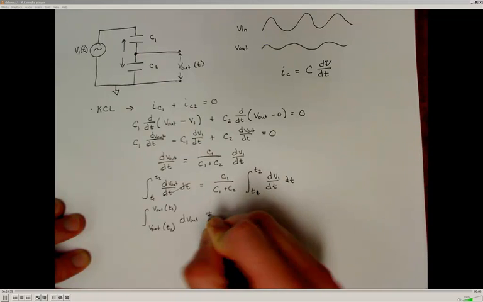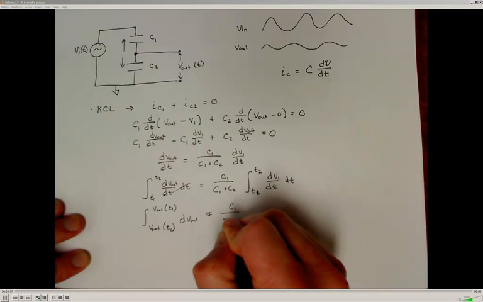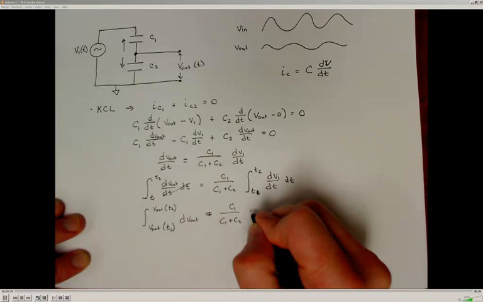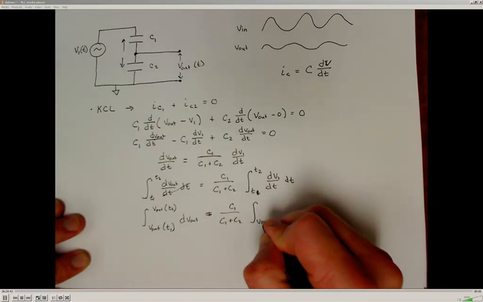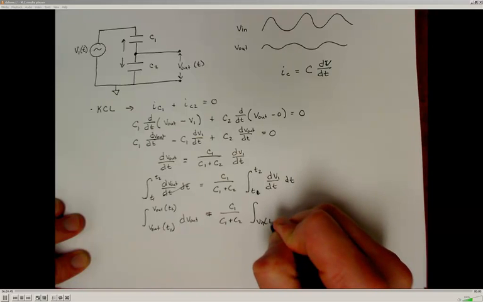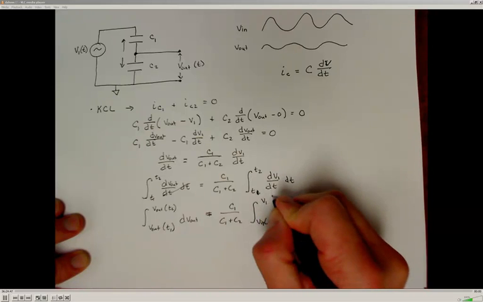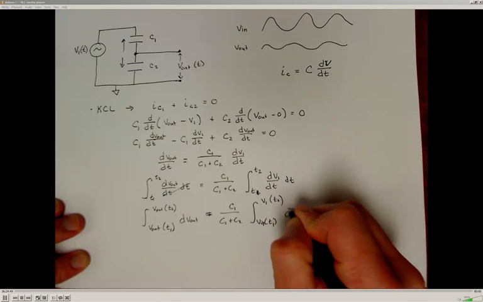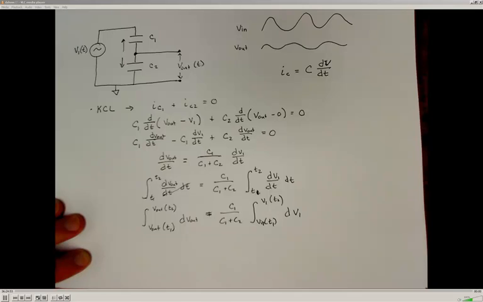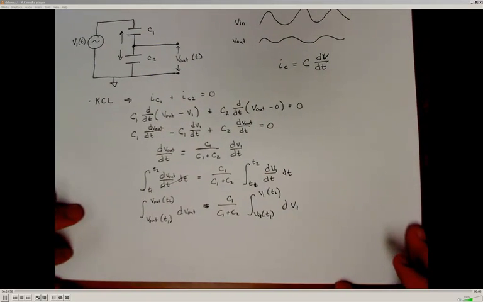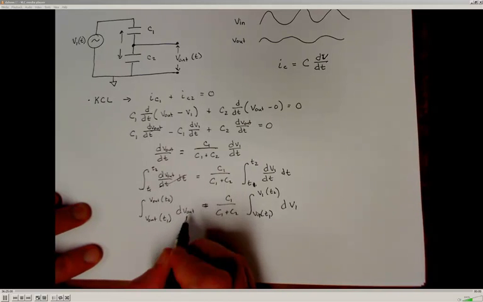All that is then going to be equal to C1 over C1 plus C2 times the integral from V1 at time 1 to V1 at time 2 of dV. And then finally, solving all of this, the integral of dV out will just be V out.